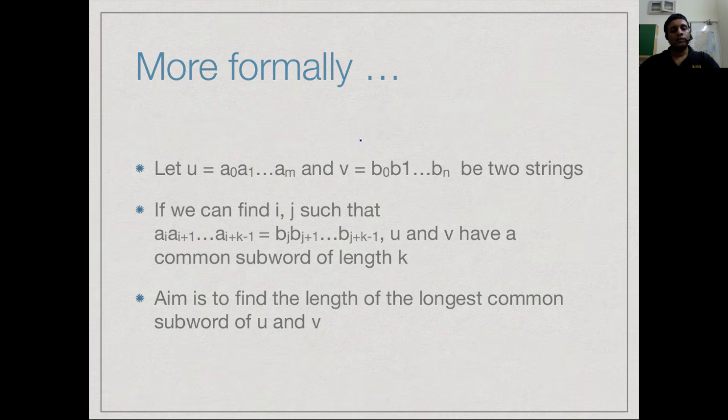So the focus at the moment is to get the length of the subword. Let us look at this more formally. We have two words A0 to AM and B0 to BN.